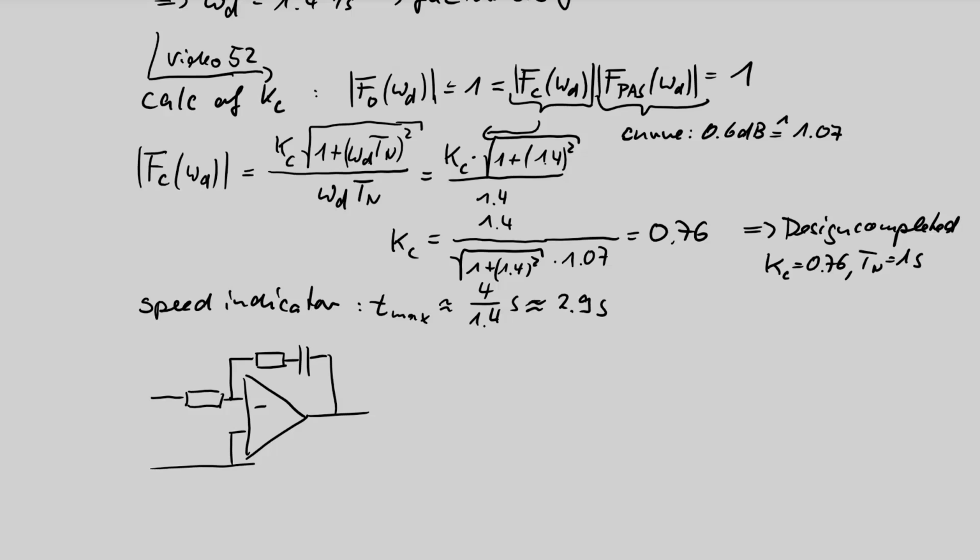We need an operational amplifier with ideal differential gain. Have here R1, R2, and a capacitor. And note that this controller has a negative gain. That's an inverted amplifier. Note furthermore that it is possible to add a second input with resistance R1.